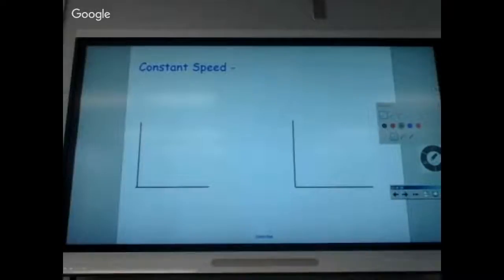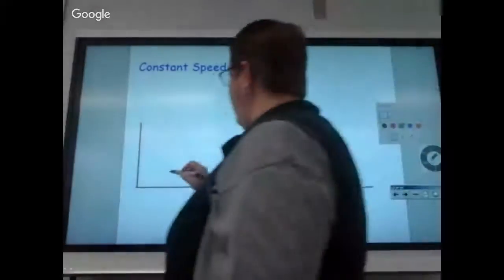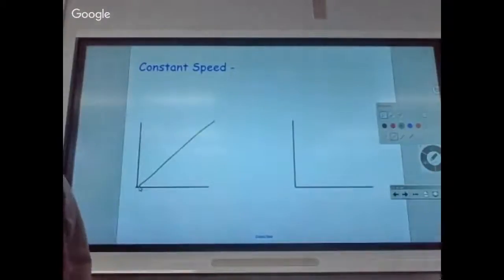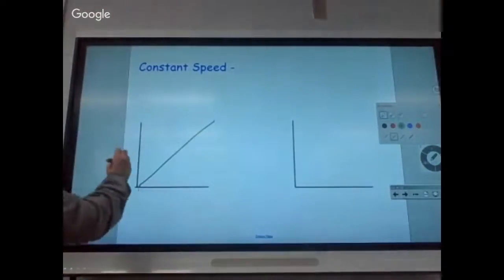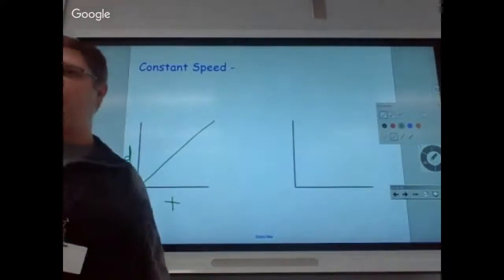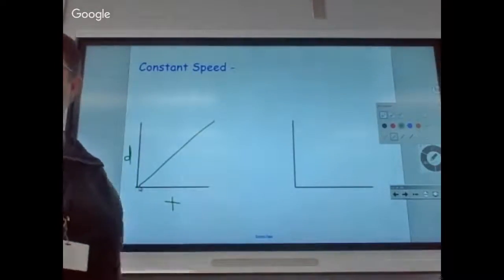Now, if we talk about constant speed, how does constant speed have to look? It has to be a straight line. All right. So again, that straight line doesn't mean anything unless we do what? We gotta label it. We gotta put the distance and time there. Now, I talked about a special graph yesterday on the notes. What was that special graph I talked about?